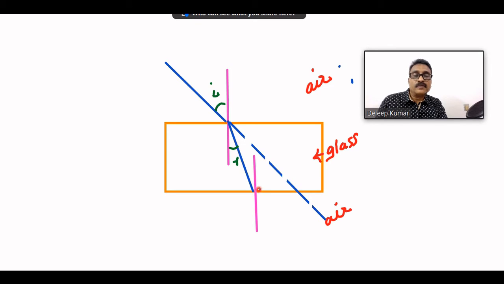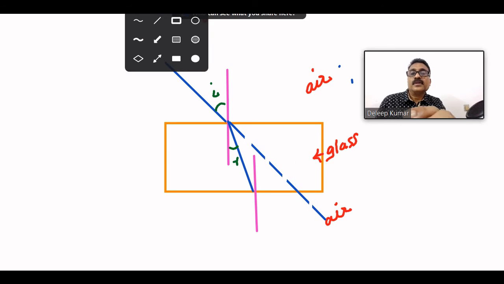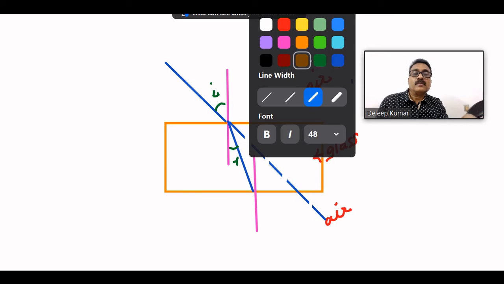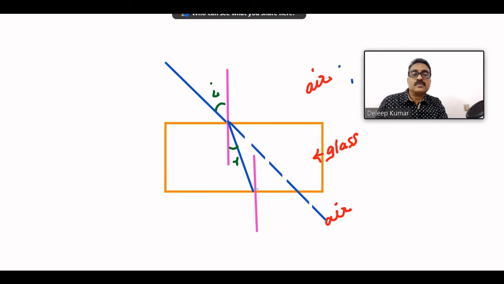This ray is now traveling from denser to rarer, which means it will move away from the normal. But there can be different possibilities here. You should know one thing: these rays must be parallel, this extended ray and this one. Make them parallel lines. Clear? This must be parallel.